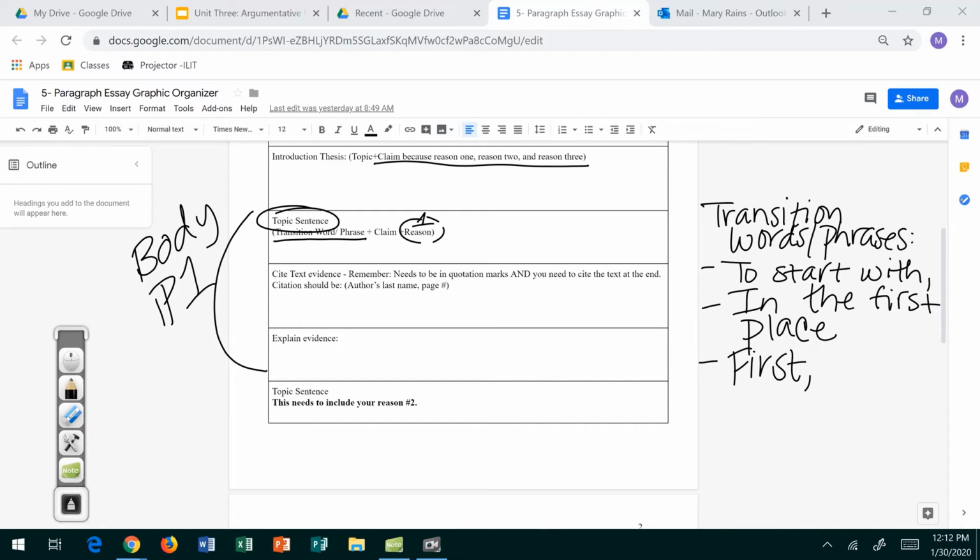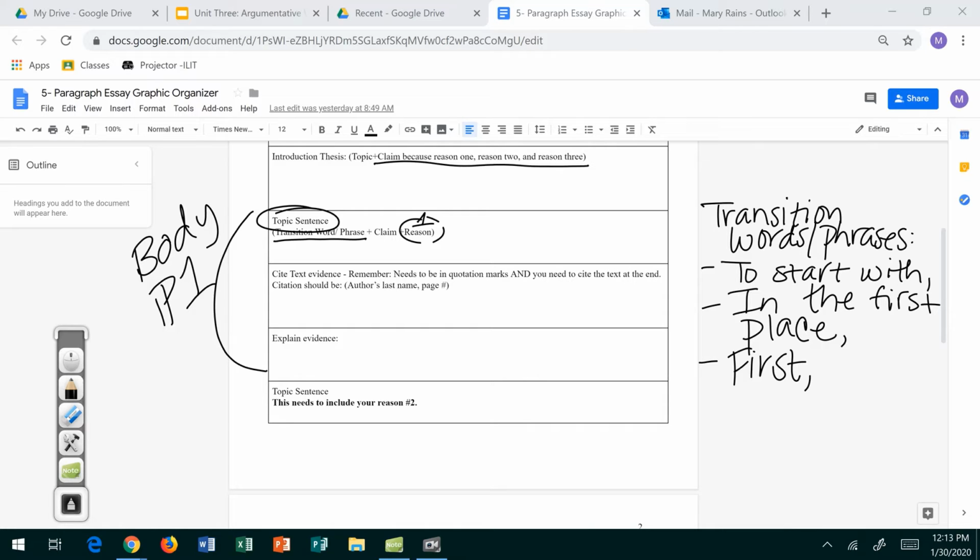So first, comma, and every one of these has to have a comma after it because it's a phrase or a word that's separate from the sentence that we're about to write. But you could literally say first, comma, and then go into your claim because reason 1.